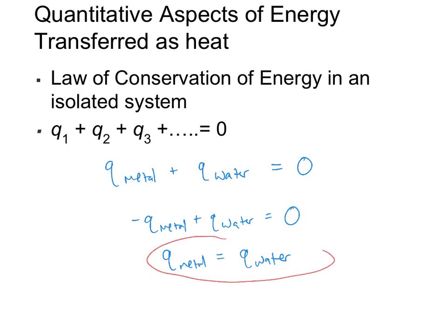This is the key relationship that we need in order to calculate the specific heat of a metal. The heat lost by the metal as it cools down will be exactly equal to the heat gained by the water as it warms up.